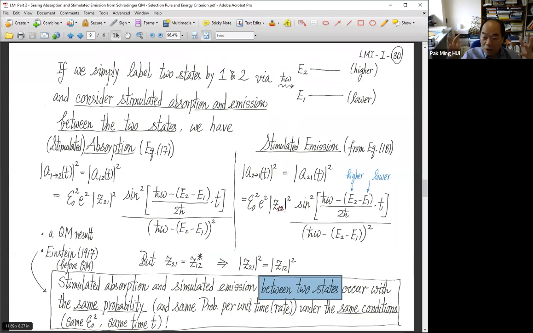This is the consequence of our analysis. Okay, and that has some very important consequence actually, and it will come out when we discuss slightly later Einstein's 1917 work on what is now popularly called Einstein's A and B coefficients.